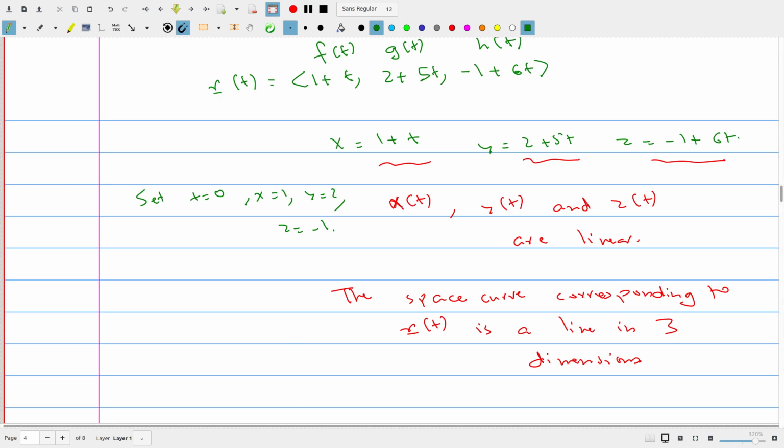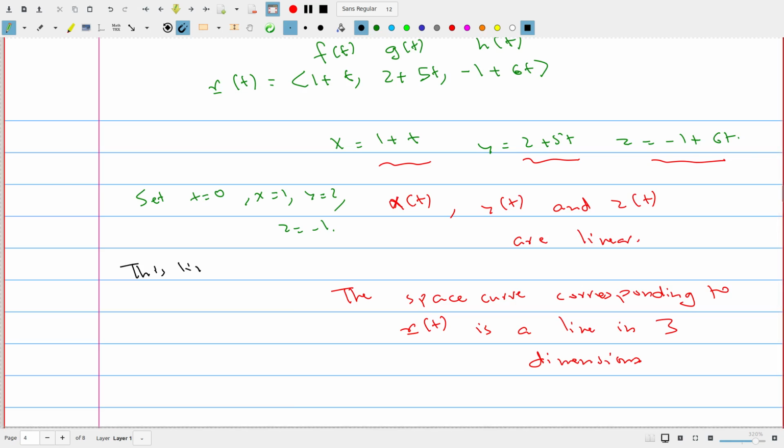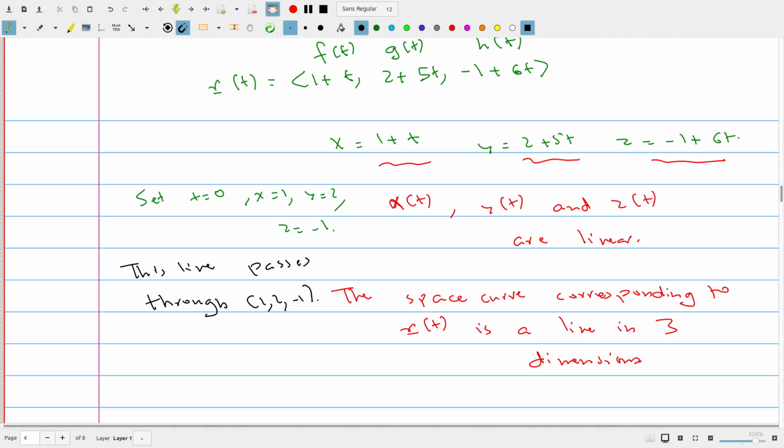This line passes through 1, 2, minus 1. We know that for a fact.